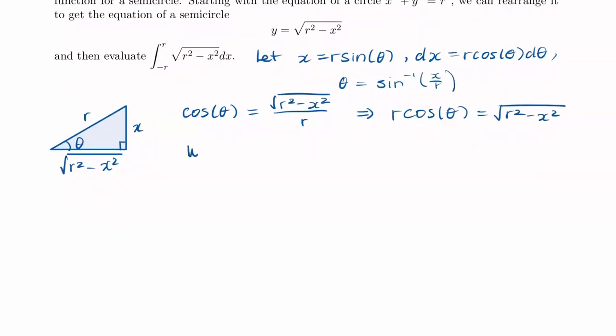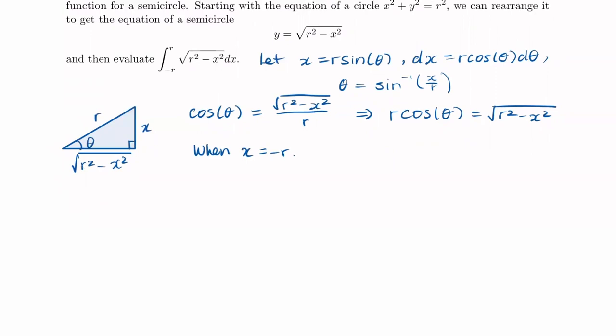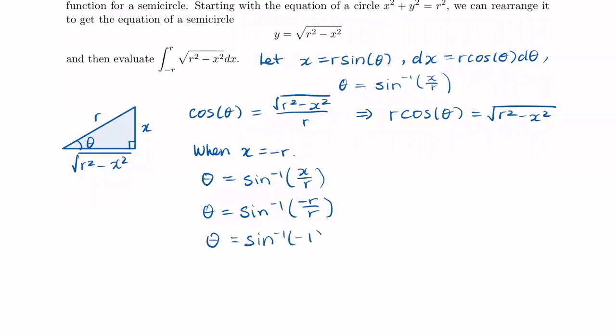When x is equal to negative r, theta, which is the sine inverse of x divided by r, is sine inverse of negative r over r, which gives you sine inverse of -1, which then becomes theta is negative pi over 2.